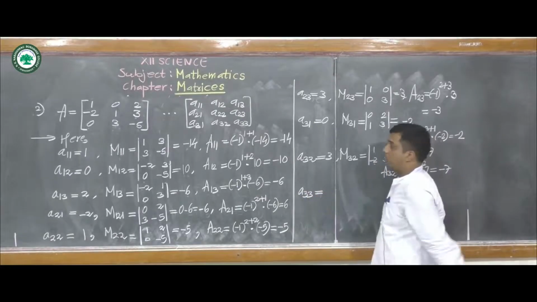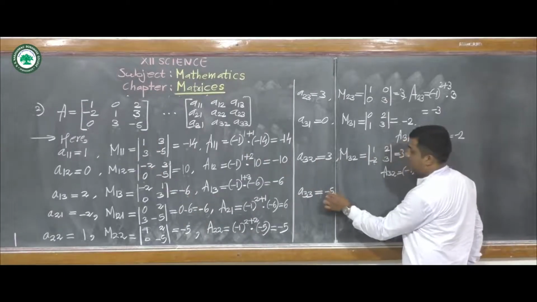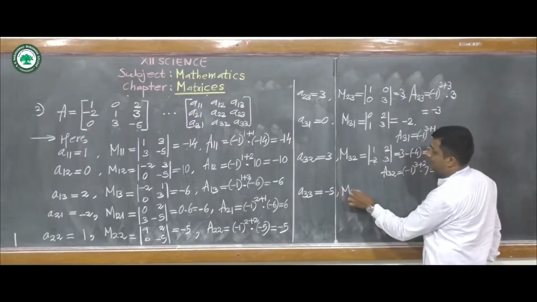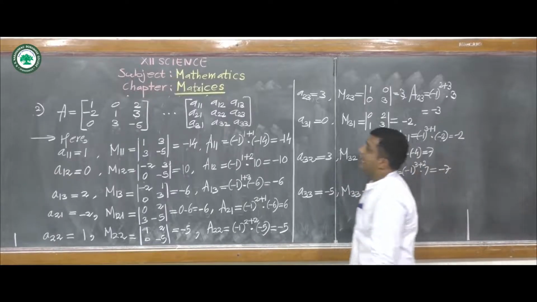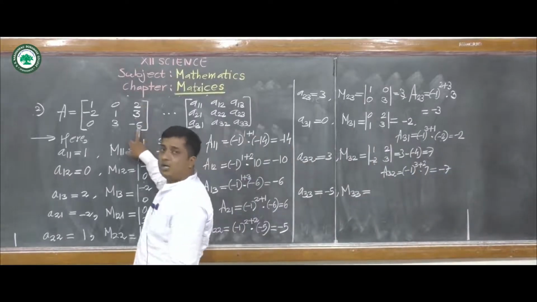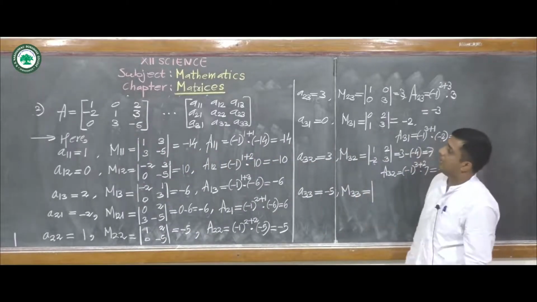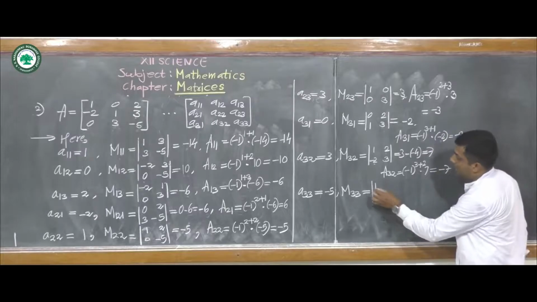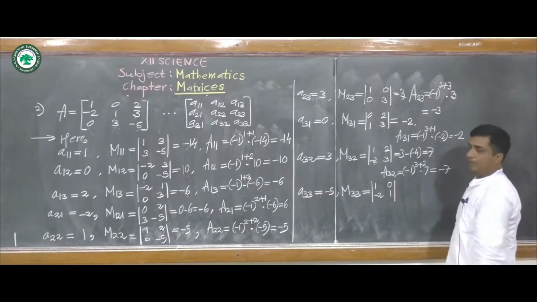And for the last, A33 is minus 5. Its minor M33: we delete the third row and third column and consider the remaining elements in the determinant. So inside the determinant we have 1, 0, minus 2, 1.